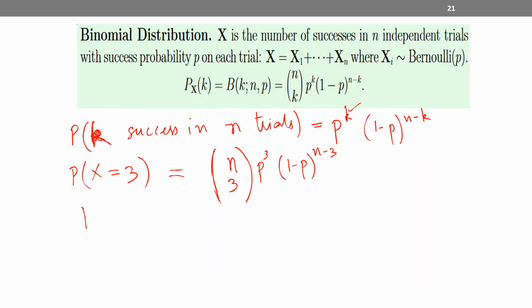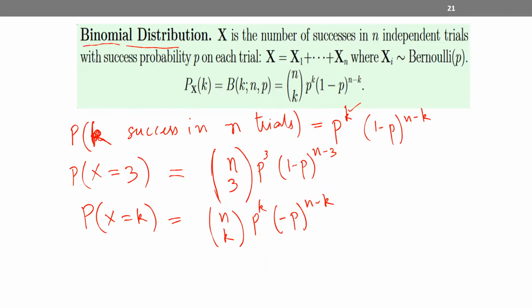So in general, for P of X equals k, I can safely write n choose k, p to the k, (1 minus p) to the n minus k, right? And so this is what my statement here for binomial distribution says.